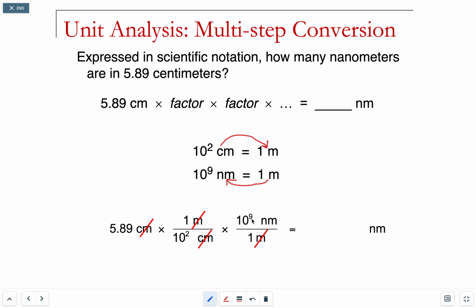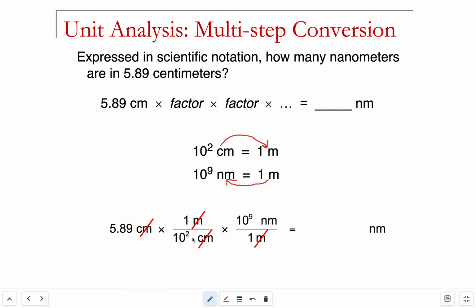So we've constructed all of this correctly, and again, these factors are derived from equivalent statements. So it's like multiplying by 1 in each case. We're not changing the quantity of 5.89 centimeters. We're just going to change the number and the unit, but the length is going to be the same. So you don't even have to get out your calculator to do this, folks, because what we have is 5.89 times 10 to the 9th divided by 100.